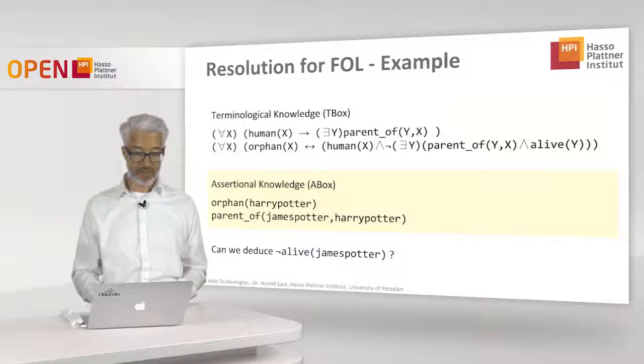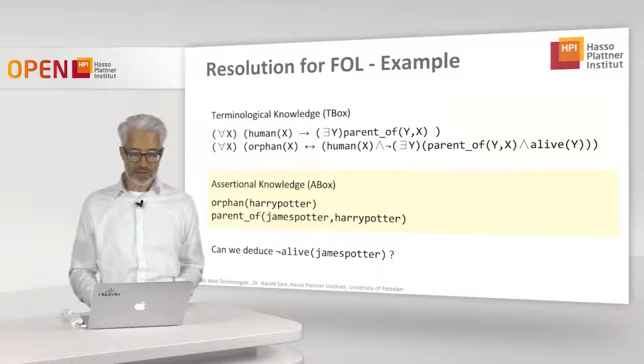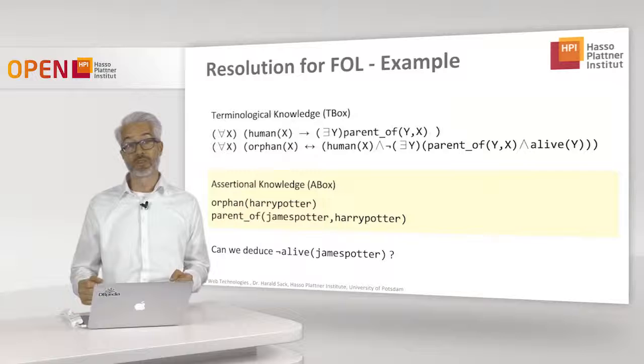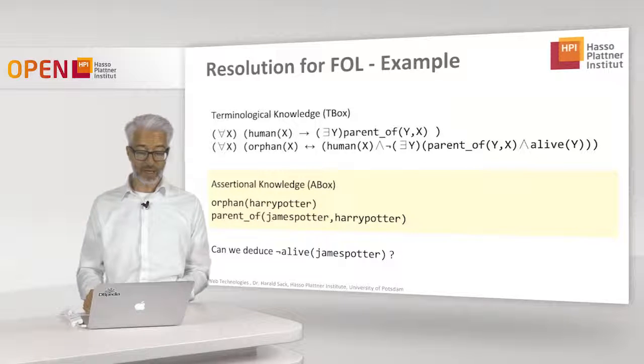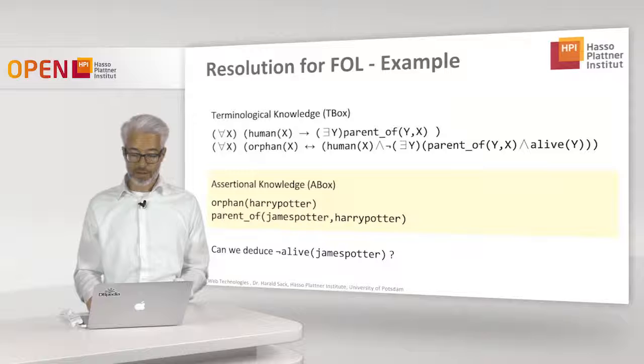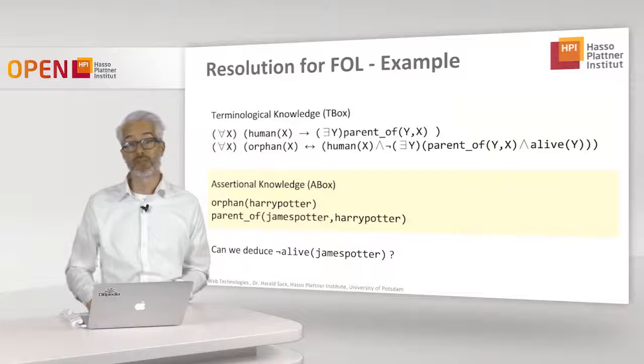So here, for example, we say that every human, if x is a human, then there must exist some y, which is the parent of x. So this is quite simple and clear, the first axiom. Second axiom, for all x, it holds, if x is an orphan, then and only then x is a human and all parents of x are not alive. So this is also clear.